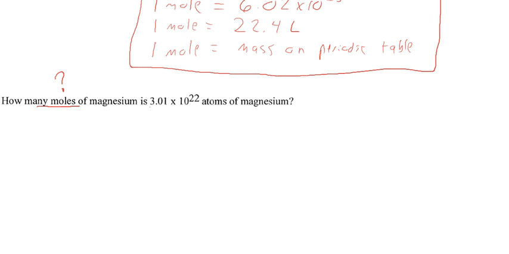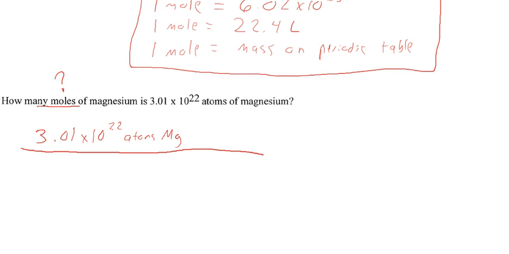Okay. The number 3.01 times 10 to the 22nd, that is the number that is given to us. So that means we start our problem with 3.01 times 10 to the 22nd atoms of magnesium. Okay. And these are dimensional analysis problems, so we set up our railroad tracks. Okay.